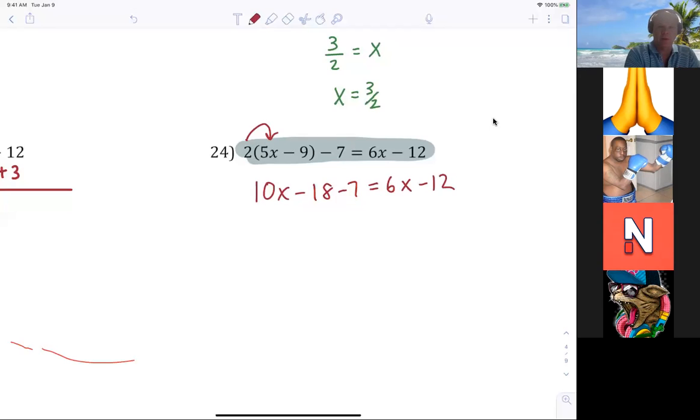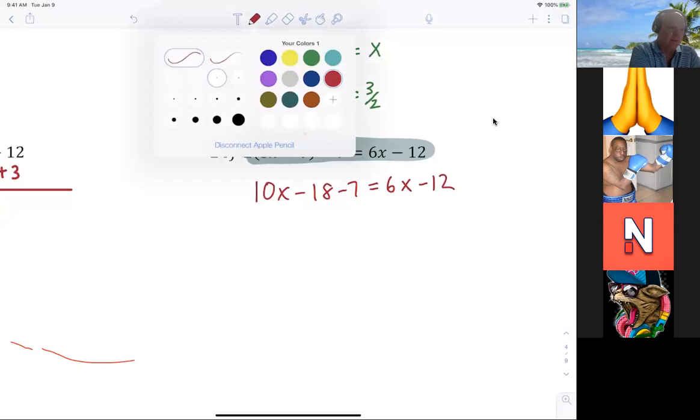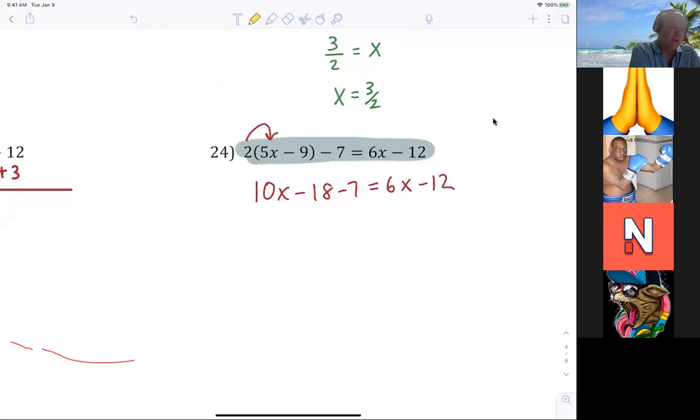Yeah, I have a question real quick. Sure, go ahead. When you multiplied by 2 for the parentheses, why didn't you just divide by 2 for the whole parentheses? Very good question, Austin. The reason we don't divide by 2 is that in order to divide by 2, I would have to divide everything through by 2, and since 7 is not divisible by 2, we don't do that.